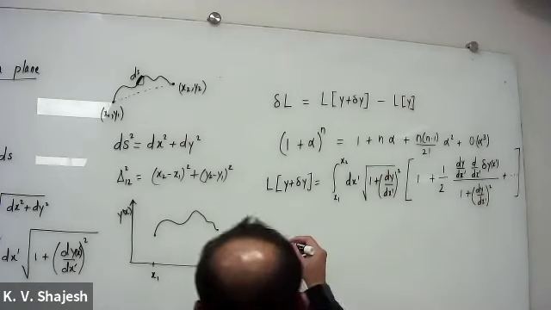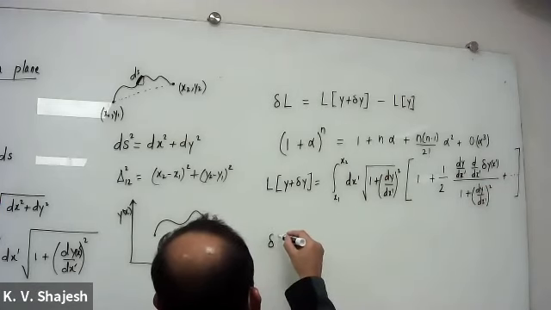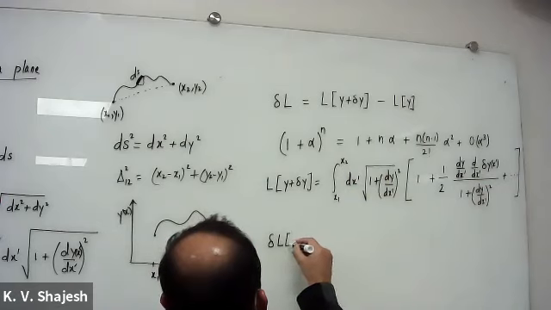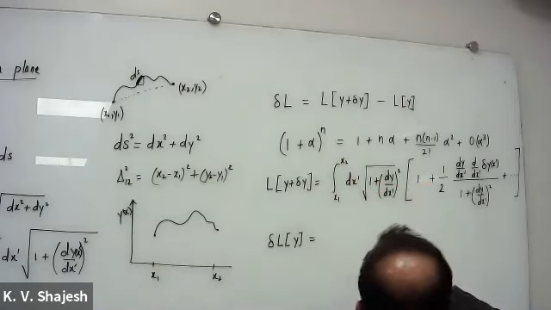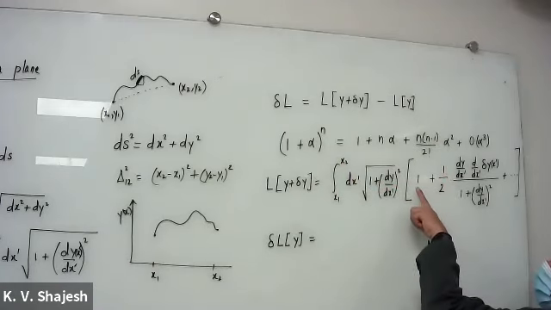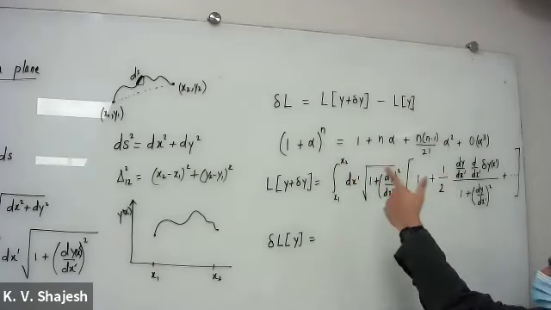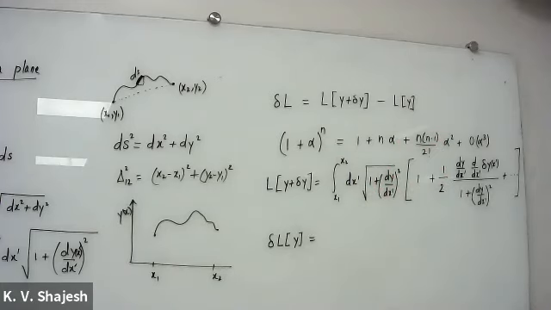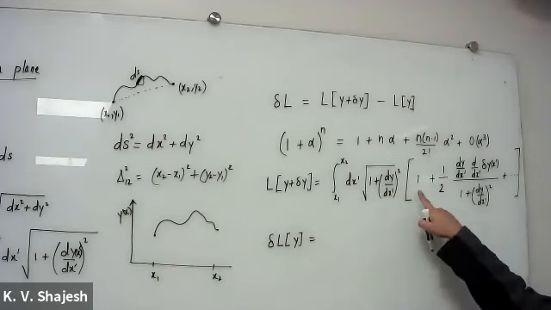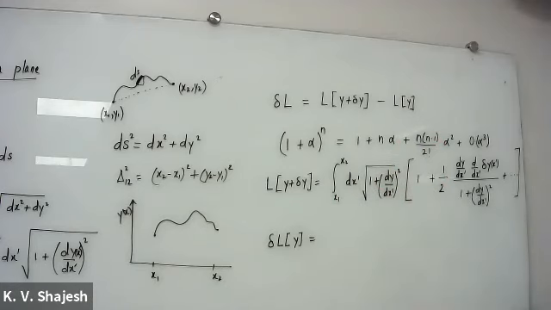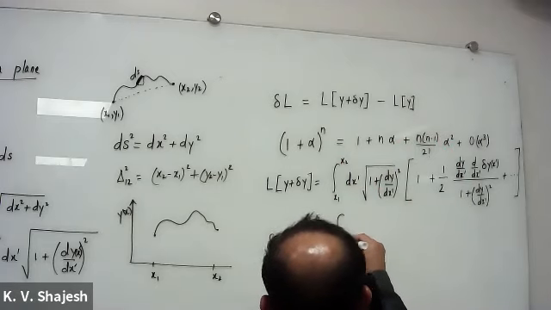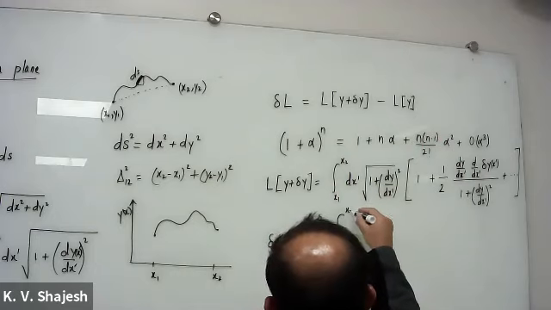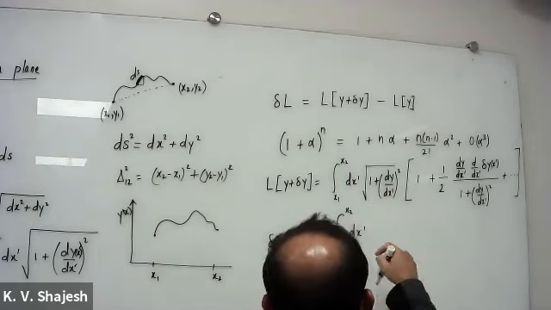When we subtract out, when we calculate the change in the functional, notice L of y is nothing but this first term. This was our original length for an arbitrary y. These two cancel out in this term, and what we have remaining is the change in the functional, the integral from x1 to x2 dx prime.